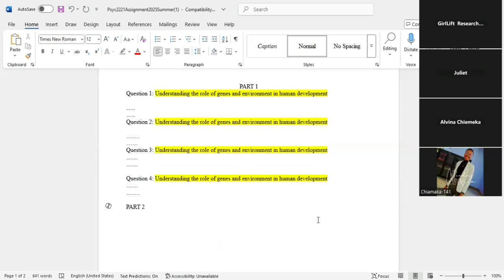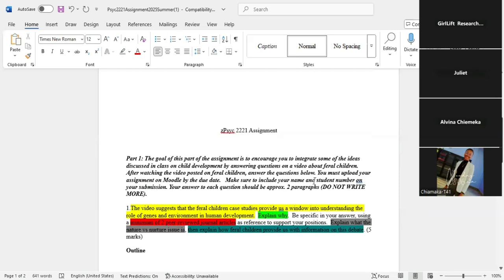So if you want to draw the skeleton, what you can do is to just pick out these 4 things, put them in subtitles or bullet points, just the way you've outlined it here, one after the other, right? You put that under each of the questions, the question 1, the question 2, and then you begin to answer them based on what we have highlighted here.